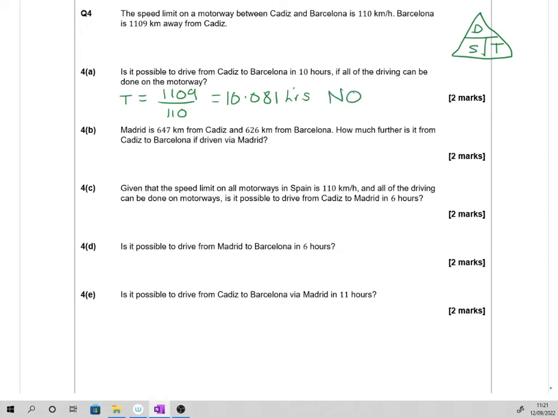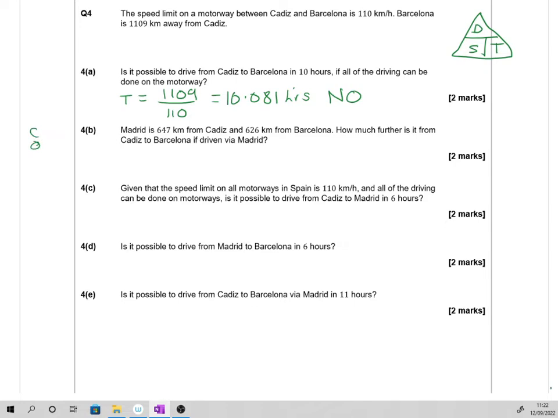Madrid is 647 from Cadiz and 626 from Barcelona. How much further is it from Cadiz to Barcelona if you go via Madrid?